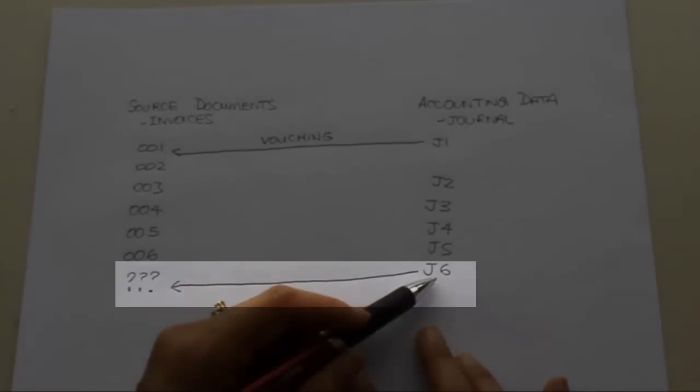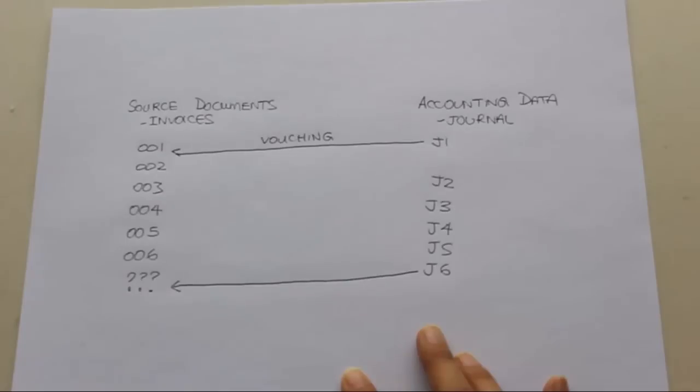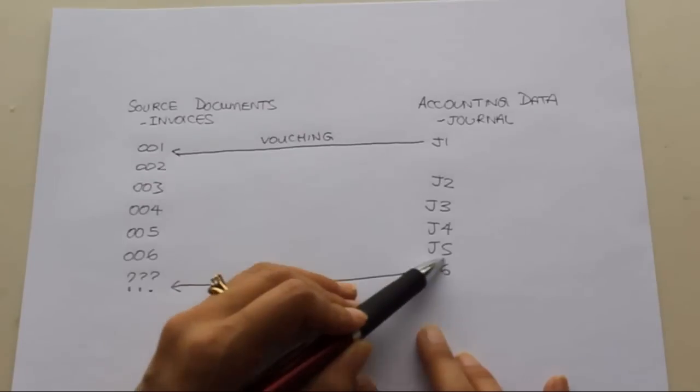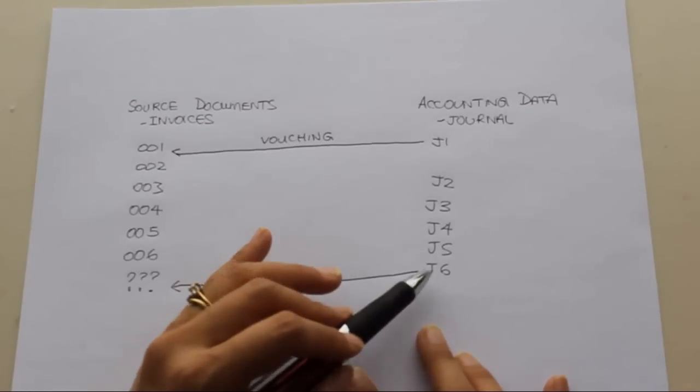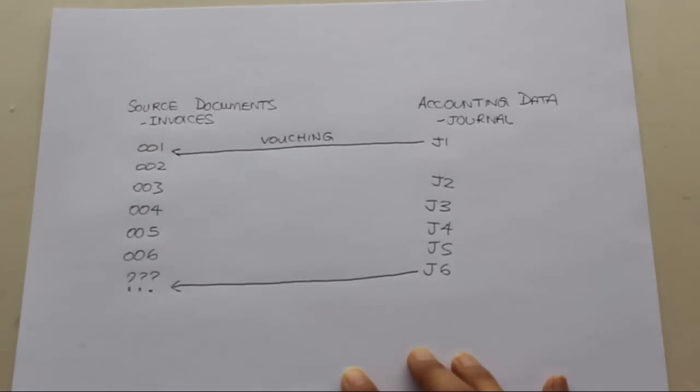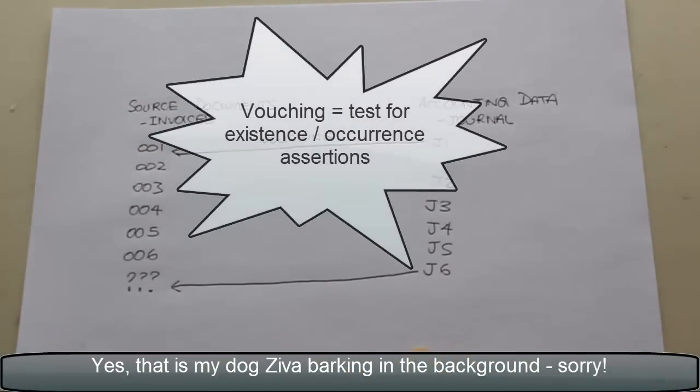So here we might have a journal entry where I might have a fictitious sale or an accidental recording. So vouching here has allowed me to prove that either this transaction didn't occur or exist because there's no supporting document. So vouching is a test that allows us specifically to examine the existence or occurrence assertion.